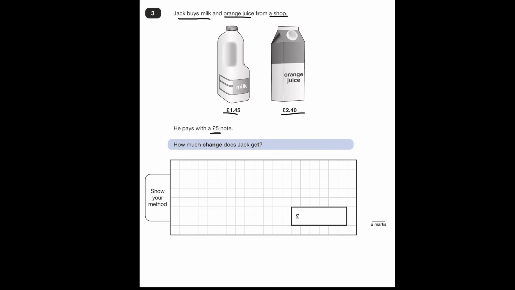So we need to make sure that we're showing our method as it has asked us to do this. What I would do is add the amount of money the milk cost to the amount of money the orange juice cost as the first step. So we need to do £1.45 plus £2.40.